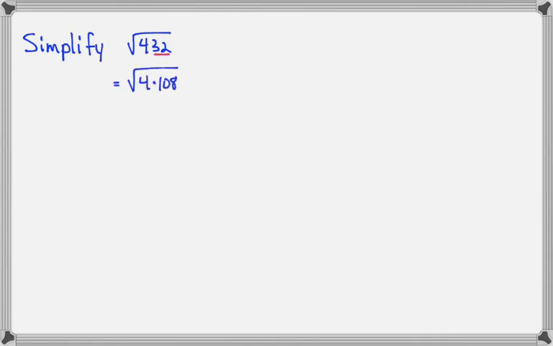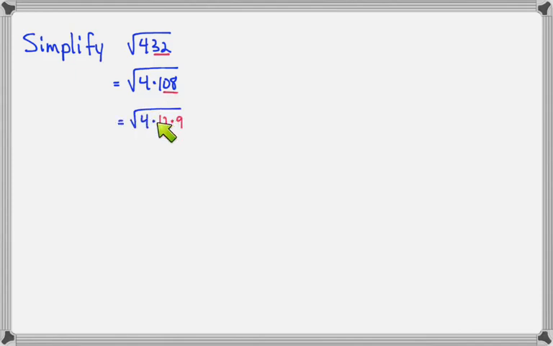And my calculator tells me that 432 divided by 4 is 108. Therefore, 4 times 108 gives me 432. Okay, now let's keep breaking down the 108. And remember, we're either looking for a pair of factors or for a square number. So I remember that 108 is 9 times 12. So let's do that.